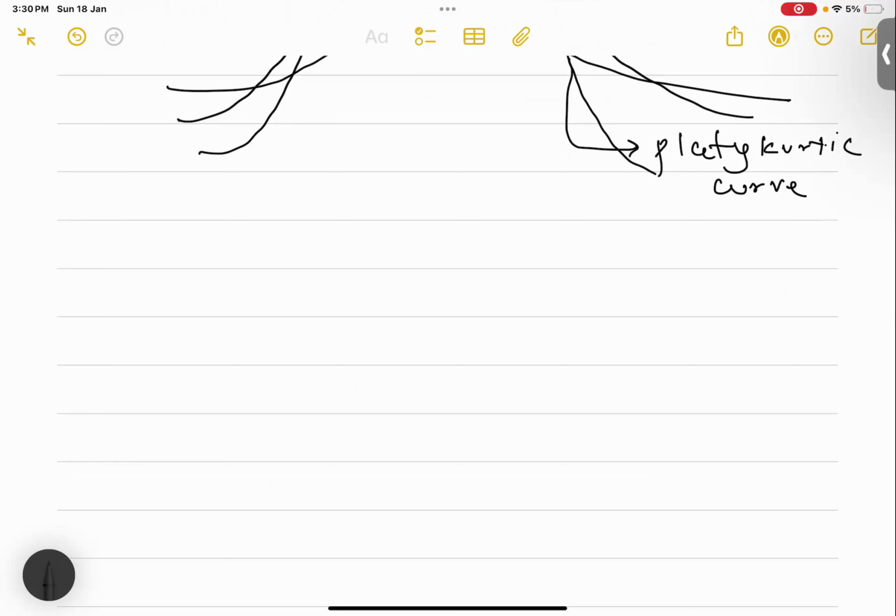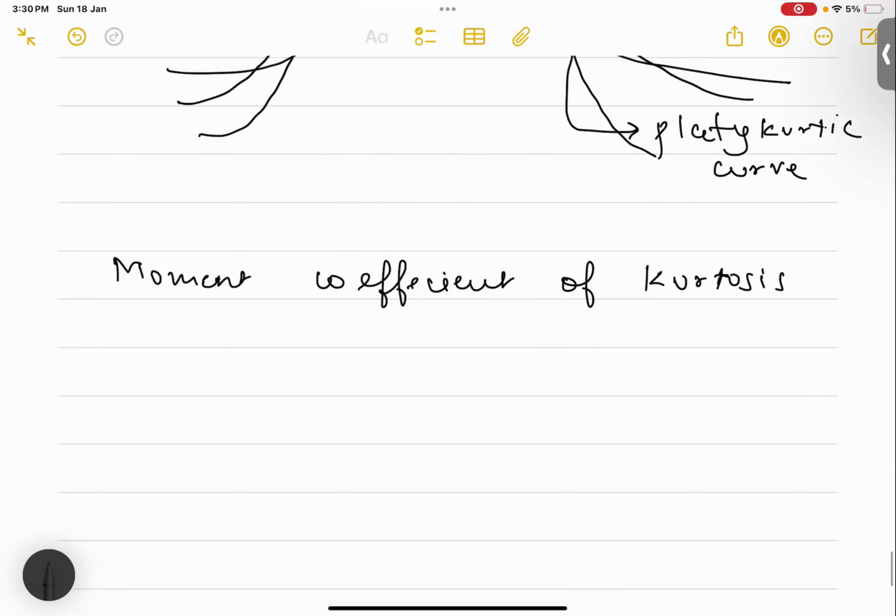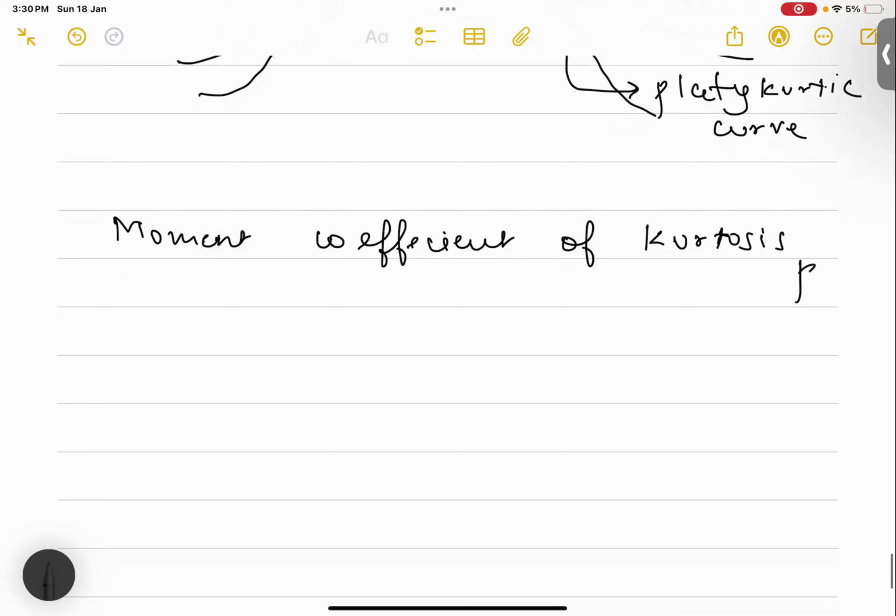Moment coefficient of kurtosis, that's beta 2.